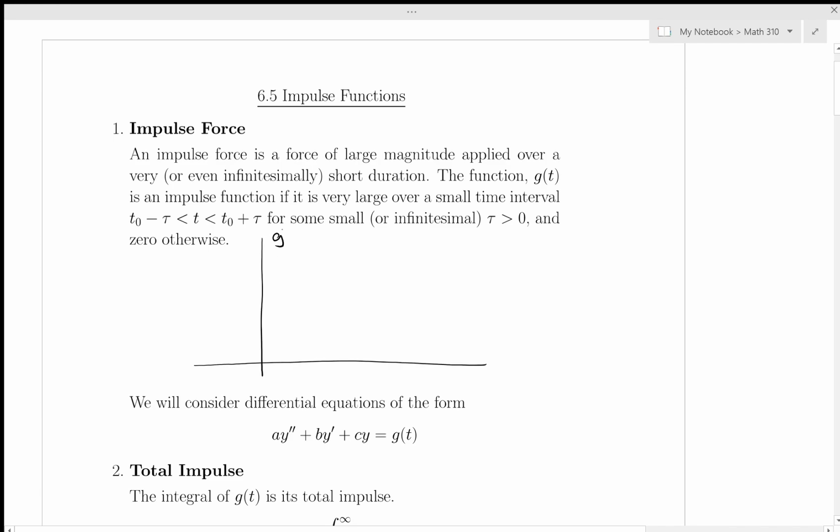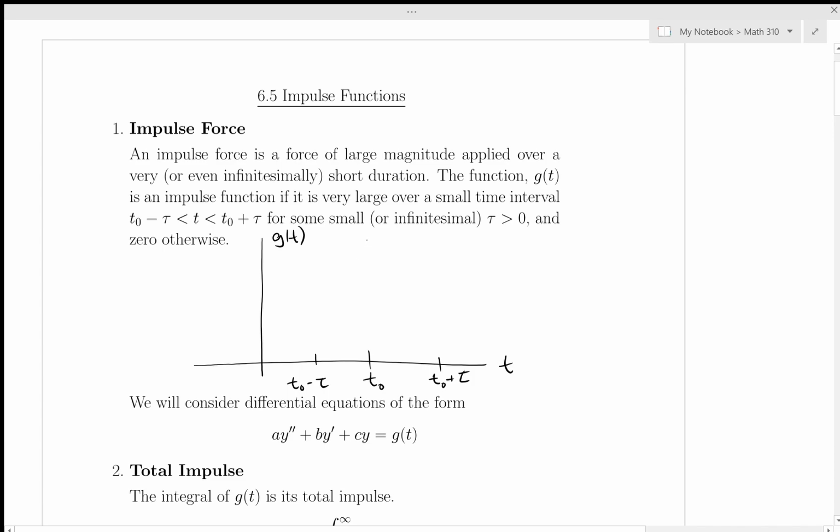Here we have g of t, and we have t. And we've got the time at which this impulse is centered, and then we've got the time after which it will be 0, and the time before which it will be 0, and it is symmetric around the time t naught.